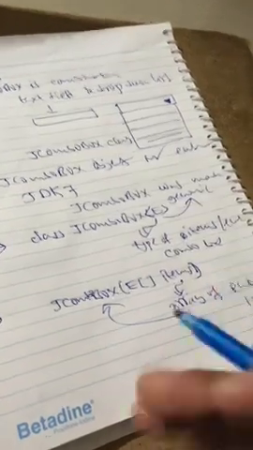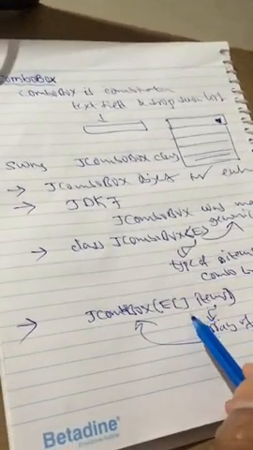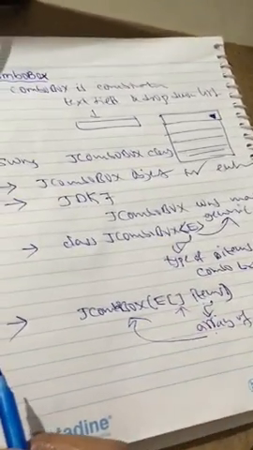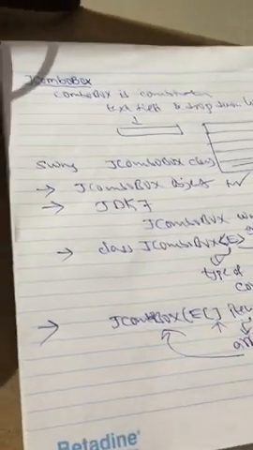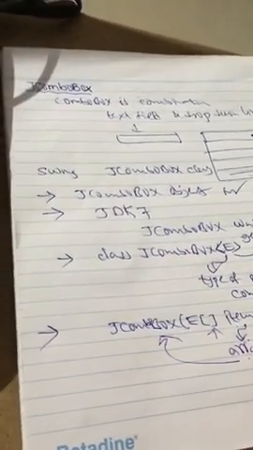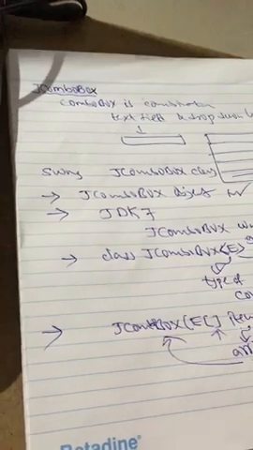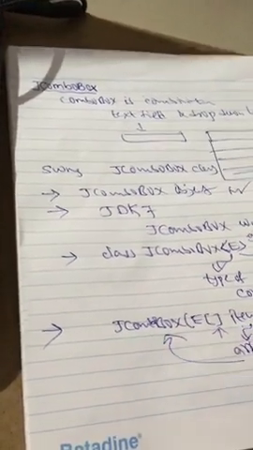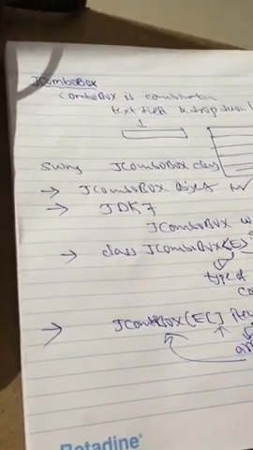Instead of adding each and every entry, we take the items in an array, so JComboBox displays all the entries in the items array.